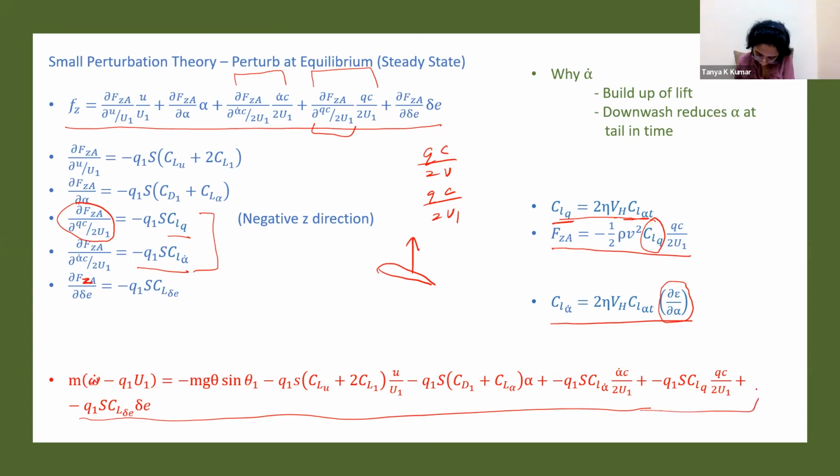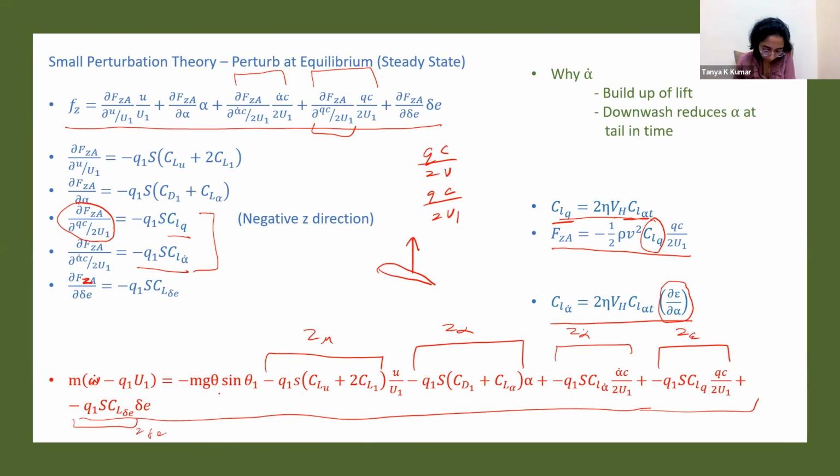You can use terms like XU, ZU, Z alpha and represent. So this would be ZU, this would be Z alpha, this would be Z alpha dot, this would be ZQ, and this would be Z delta E. Similar to the previous case.